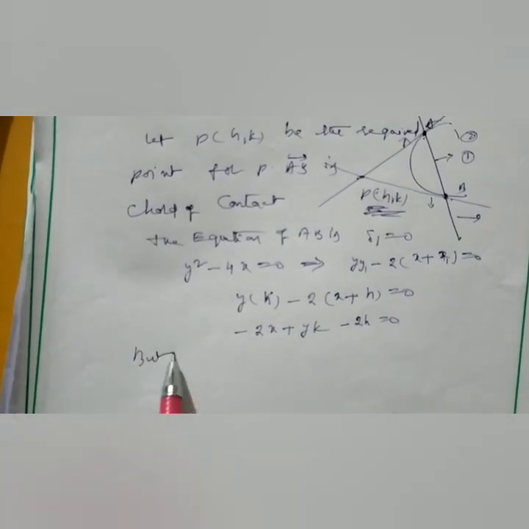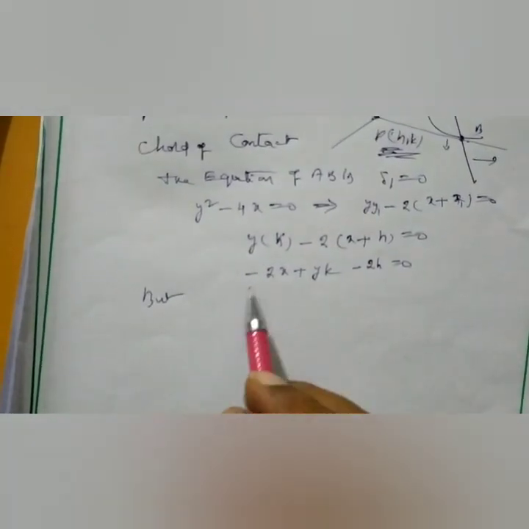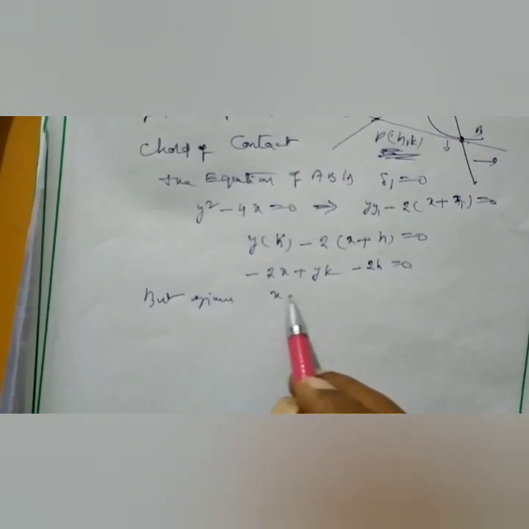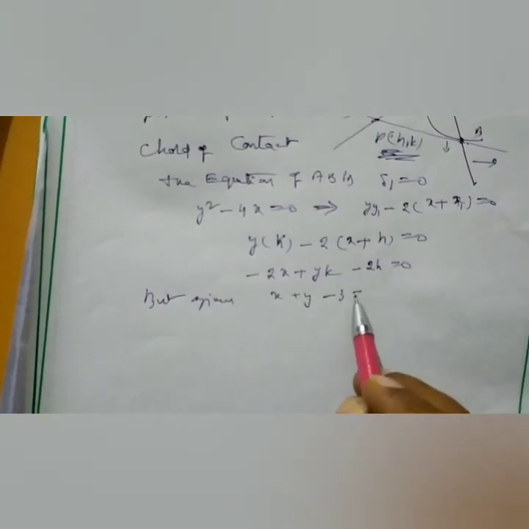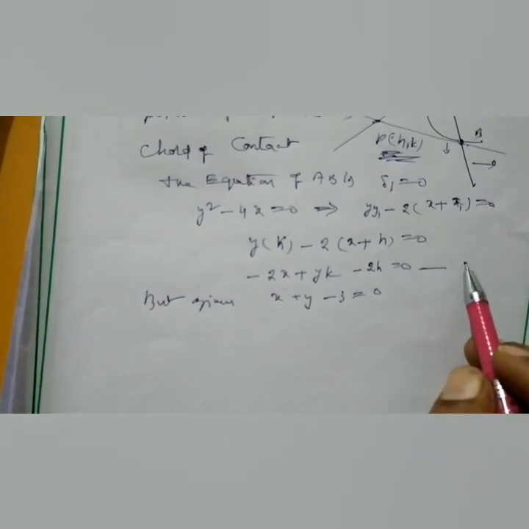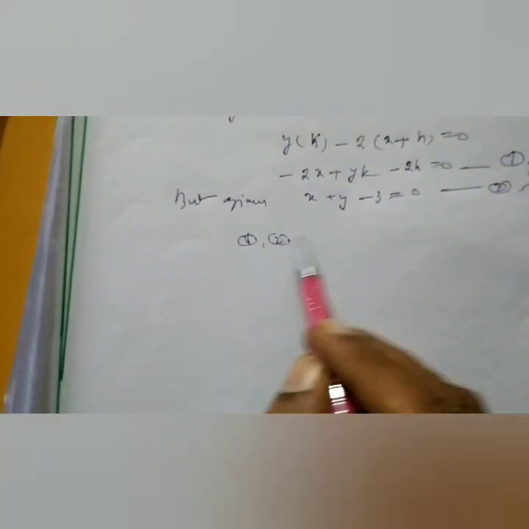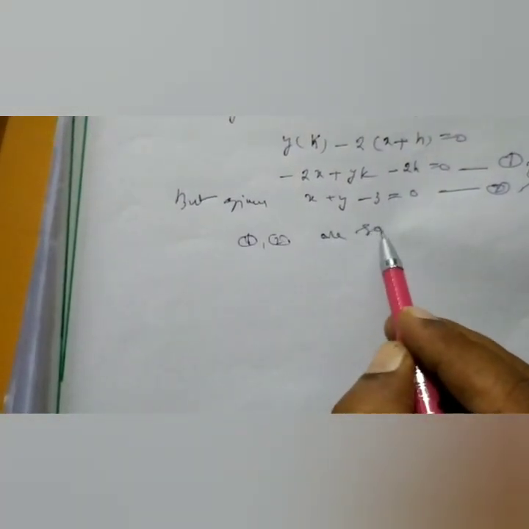But the line actually given is x plus y minus 3 is equal to 0. This is equation 1 and that is equation 2. Equations 1 and 2 are the same.